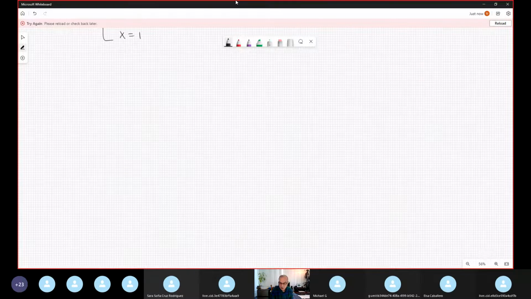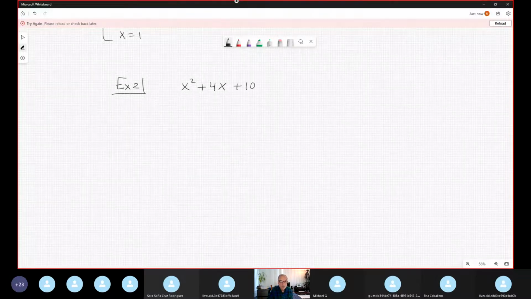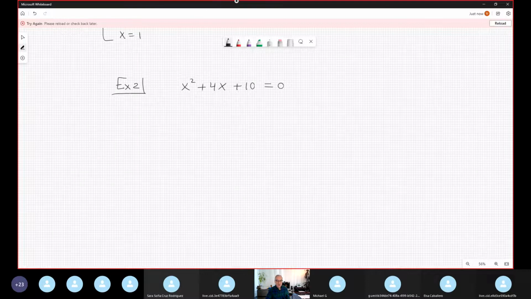The procedure is, look at that. Example number 2. Suppose this example, x squared plus 4x plus 10 equals 0. Step number 1, this constant does not participate in the completed square.